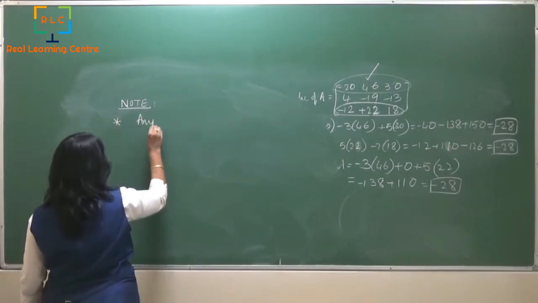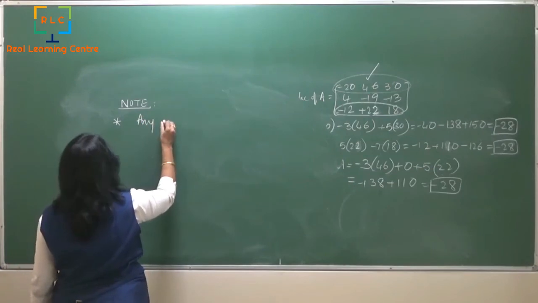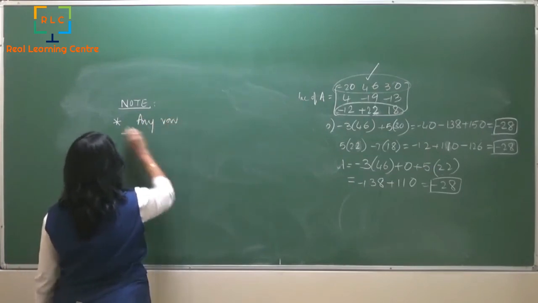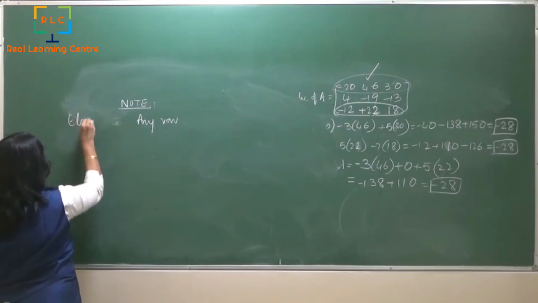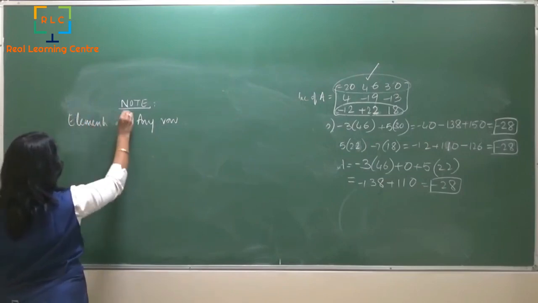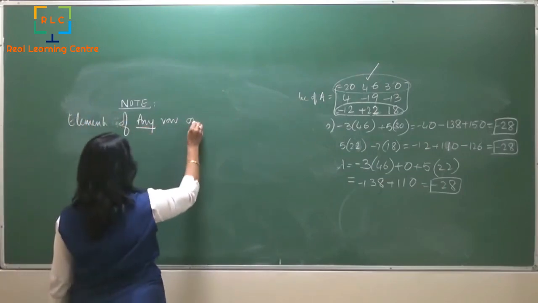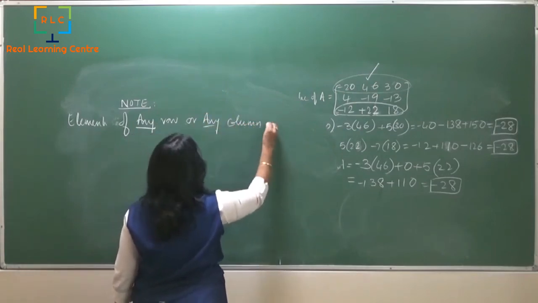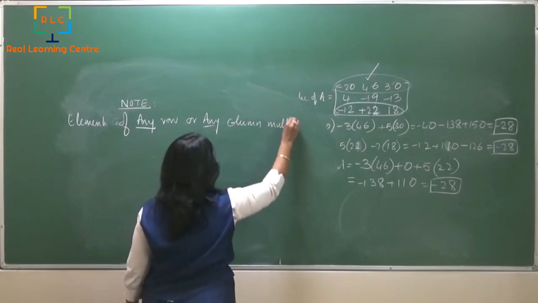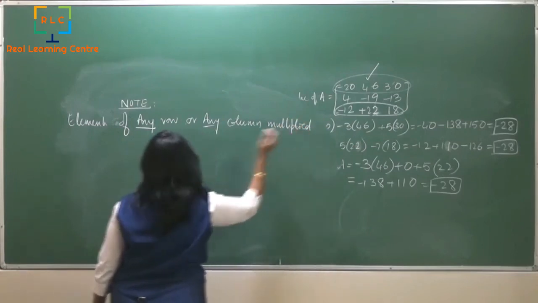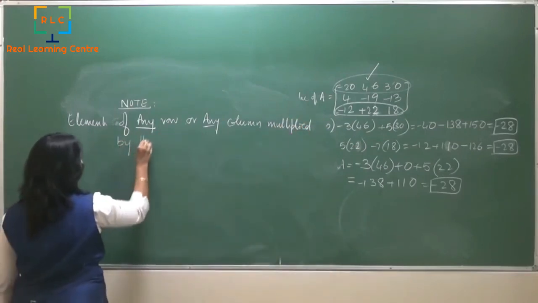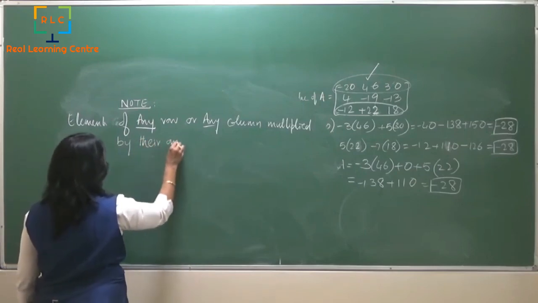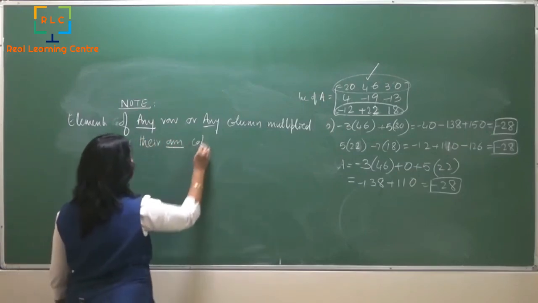Any elements of any row, let me write like this, elements of any row or any column multiplied by their own cofactors. This "own" is important.